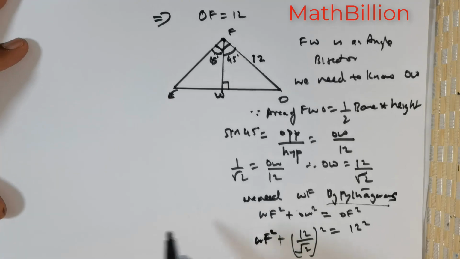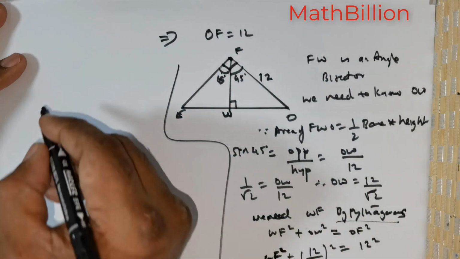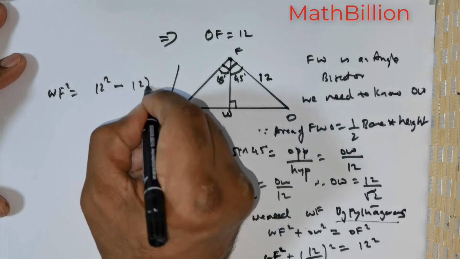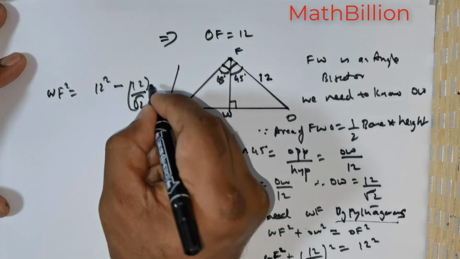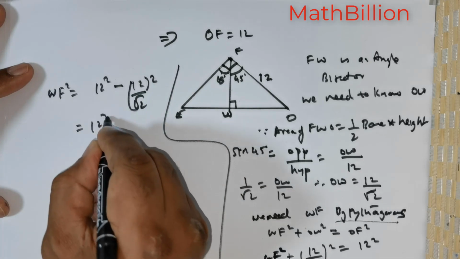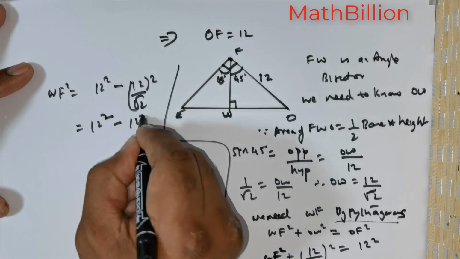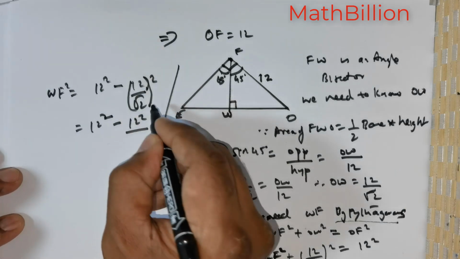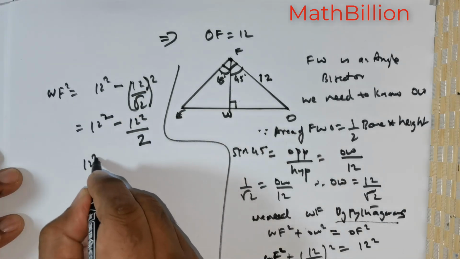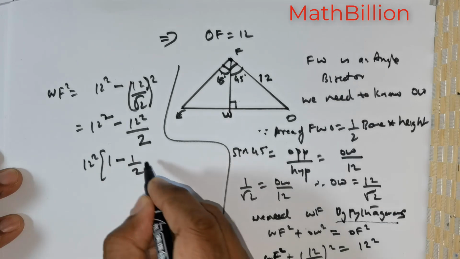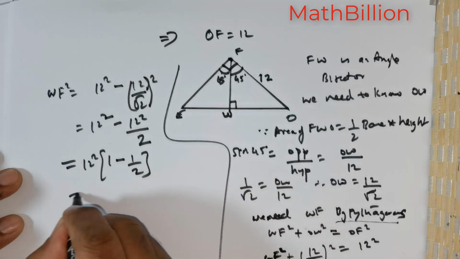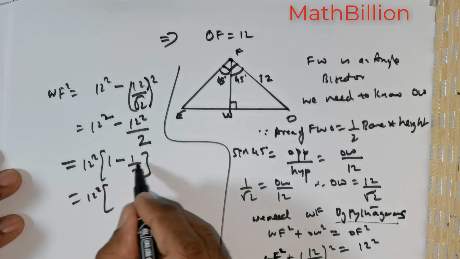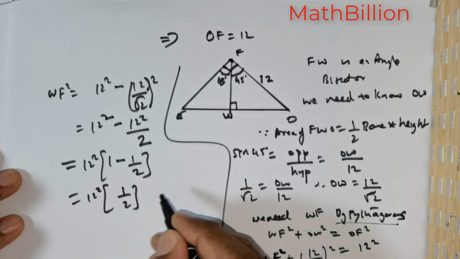So WF squared is equal to 12 squared minus 12 over root 2 squared. This is going to be 12 squared minus 12 squared divided by root 2 squared, which is 2. So I take 12 squared out, I get 1 minus 1 over 2, which is 12 squared times 1 over 2.